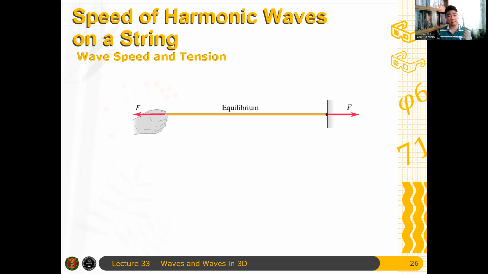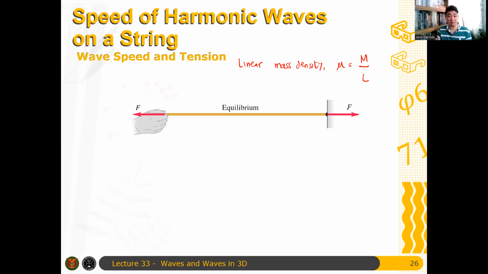But in our example here, we will now assume that the string has a mass, but that mass is not that large. In fact, we can define the mass of a string in terms of its linear mass density. The linear mass density mu is just equal to the total mass of the string divided by the total length.